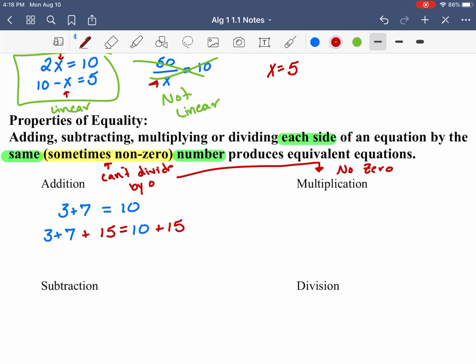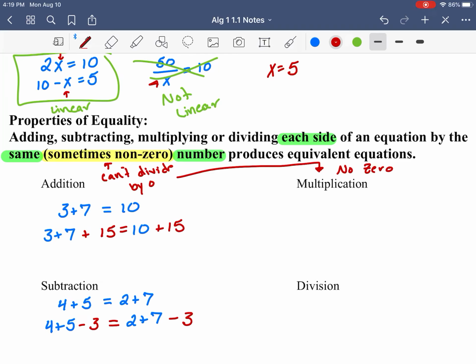The same holds true for subtraction. Let's go 4 plus 5 equals 2 plus 7. Here we have our two sides, 4 plus 5, well that's 9. 2 plus 7, that's also 9. I can take both of these sides, this 4 plus 5 side and this 2 plus 7 side, and subtract 3 from both sides.